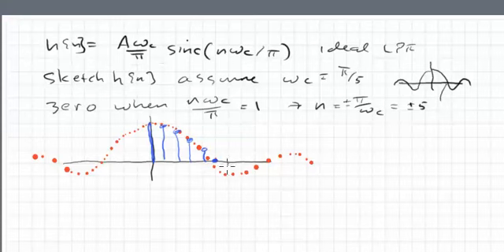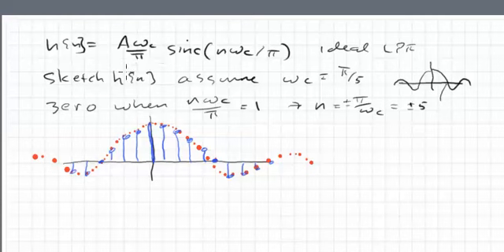And they keep going like this, like that, both sides, both directions.